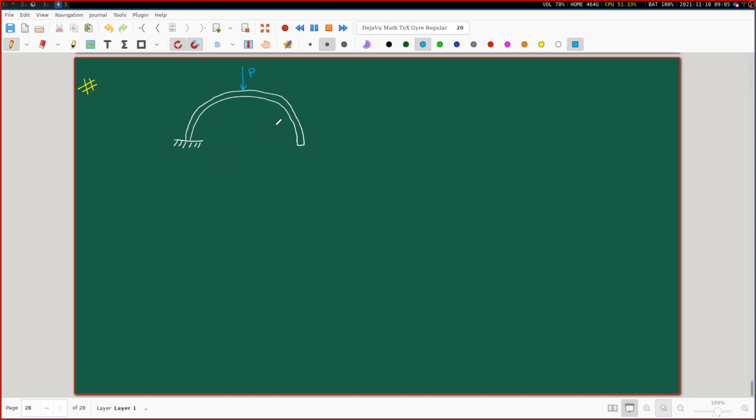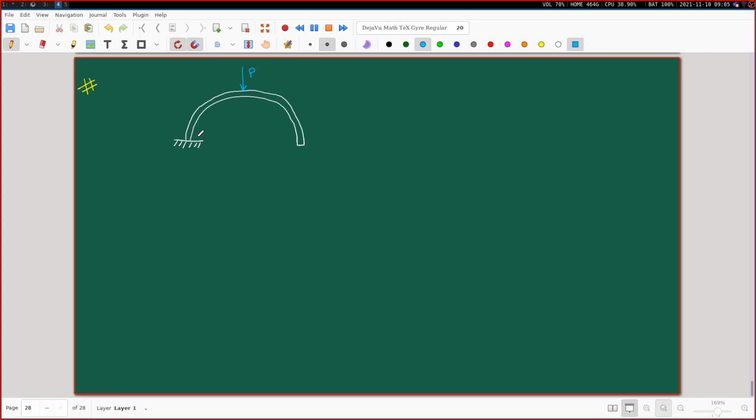This is representative of a very generic kind of situation. We are going to use Castigliano's theorem for this problem, and please note that we are going to use the same strain energy formula based on the M squared by 2EI expression here also.